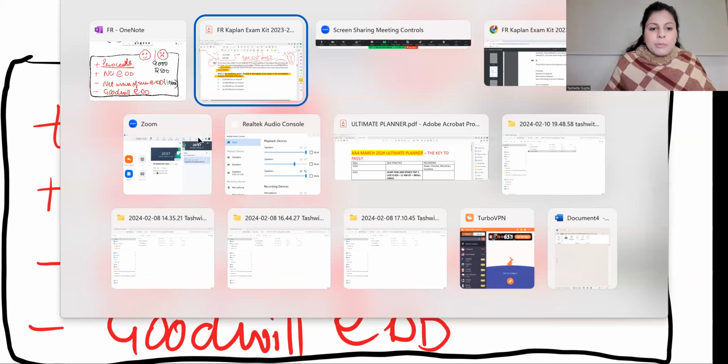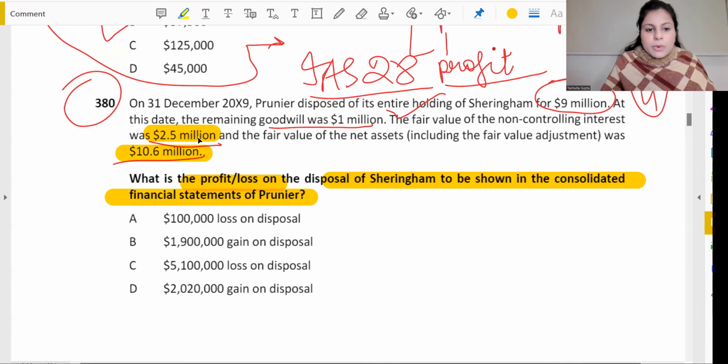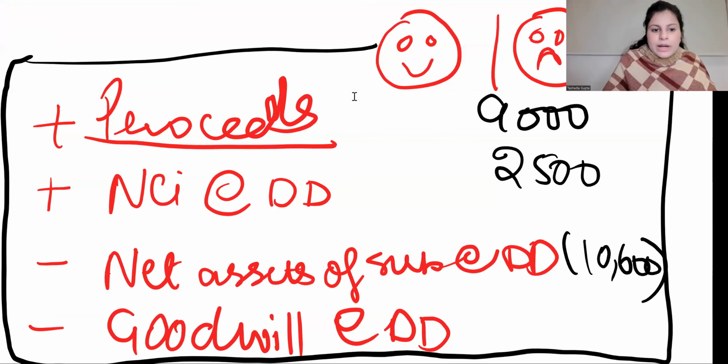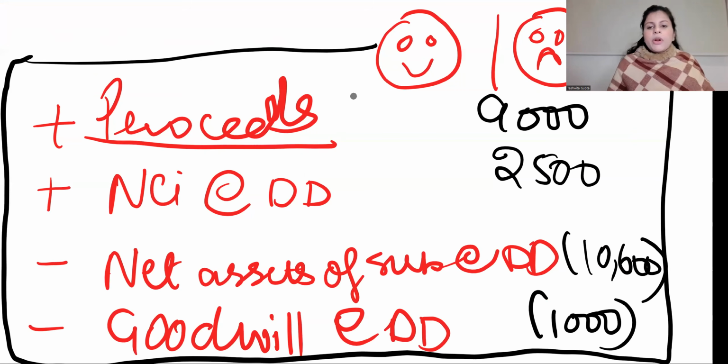My goodwill at disposal date. What's my goodwill at disposal date? Let's apply our Dora's Explorer brain. Here it is 1 million. So 1 million, I'm sad about it. Tell me, total profit or total loss? And what's the amount? Do the quick calculation.